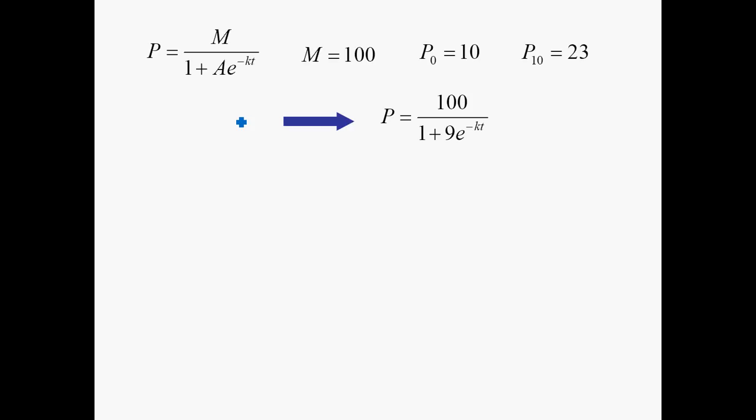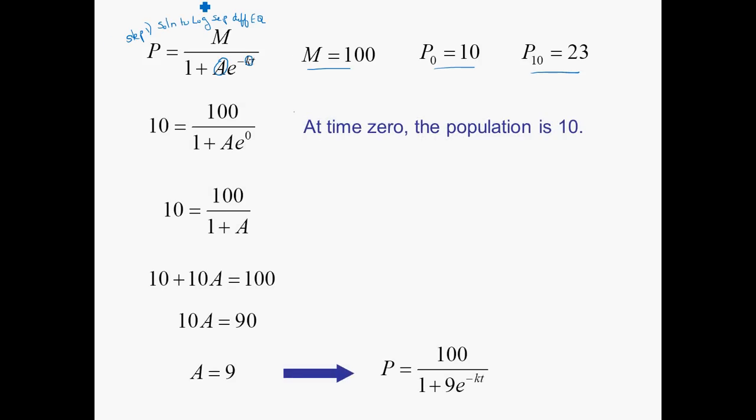Now, step 2. Solve for K. I should have said, write down the solution to the separable differential equation. Use M and 2 points, one of them being the initial one.